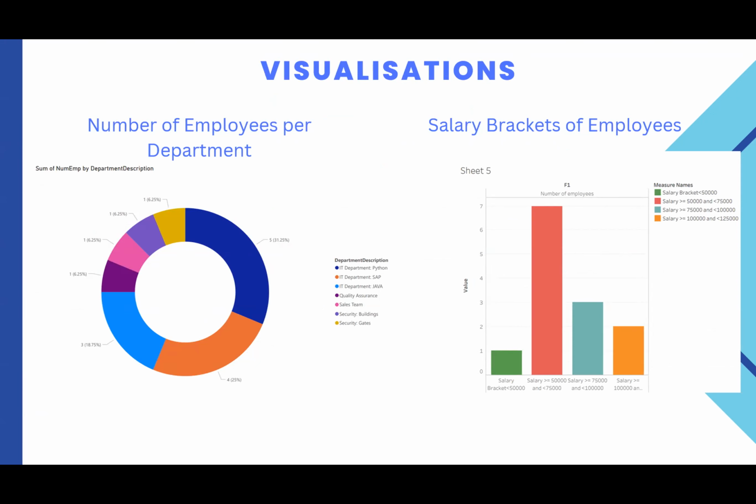So we've used Power BI and Tableau capabilities to create some visualizations and reports. As you can see over here, one of these visualizations is the number of employees per department. We have various departments in our system, and this visualization gives us the number of employees in each department. Also, we've created a classification based on the salary brackets, so these are the salary brackets and the number of employees in each.